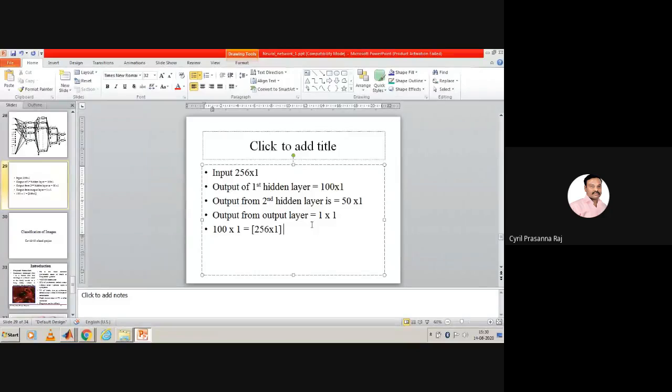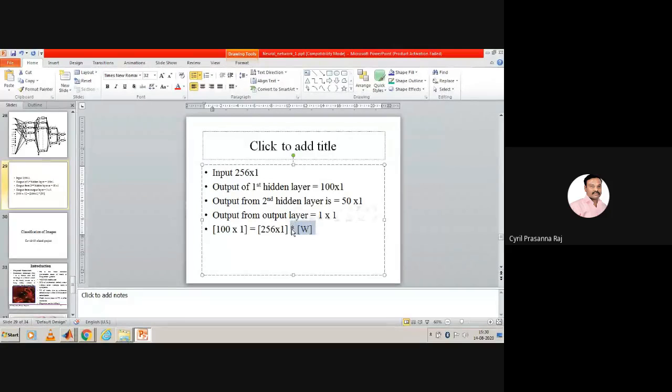Now, you are multiplying it with a weight matrix W. When you multiply your input with the weight matrix W, you are generating an output of 100 cross 1 in the first hidden layer. So what should be the size of this weight matrix?